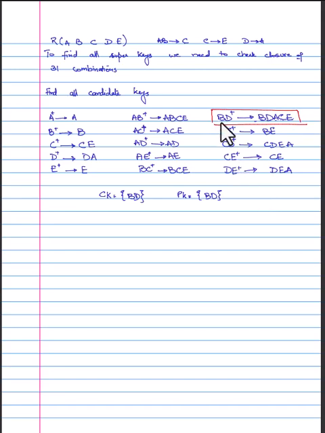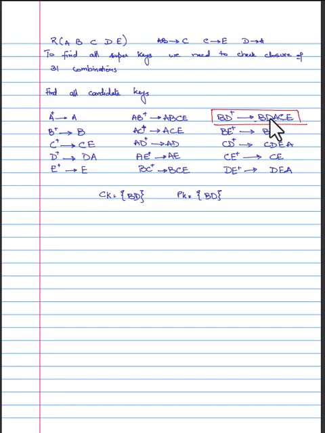You can see BD is the only composite attribute which is capable of identifying all the attributes. BD identifies BD, and then D identifies A as given in the scenario, and then AB, inside these 3 attributes, identifies C as given.